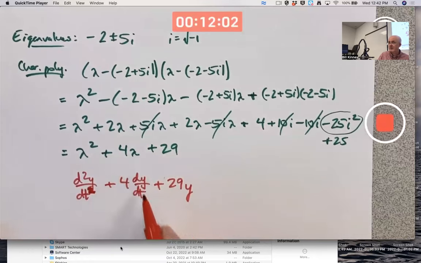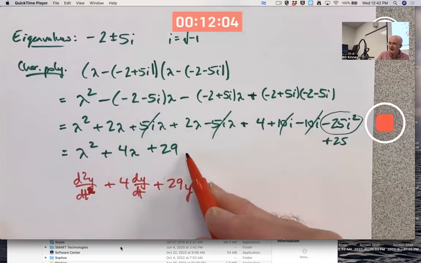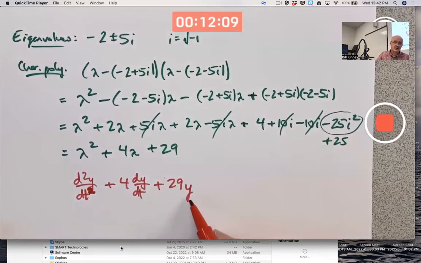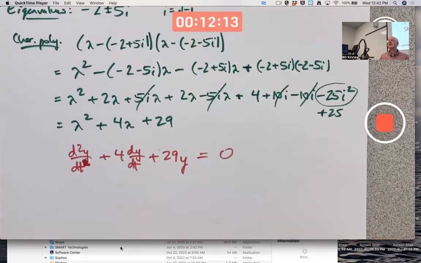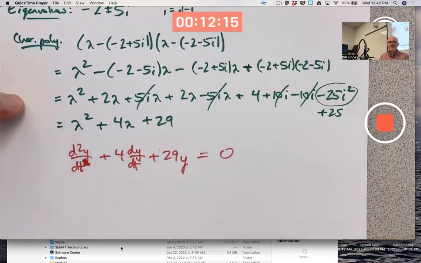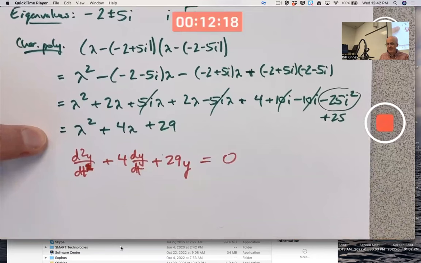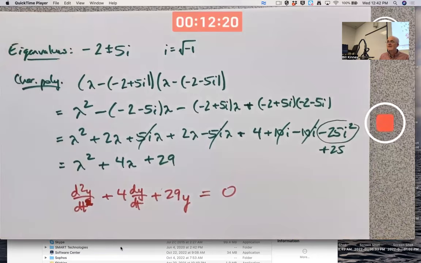The first power corresponds to a first derivative. The 0th power of lambda, which I didn't write down, corresponds to a 0th derivative, which is the original function. So that's a second order differential equation that will have this characteristic polynomial, and these eigenvalues when you convert it to matrix form.